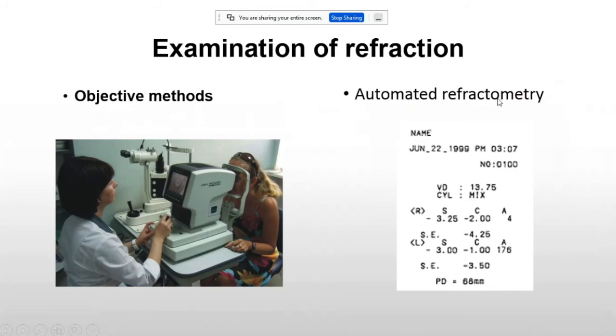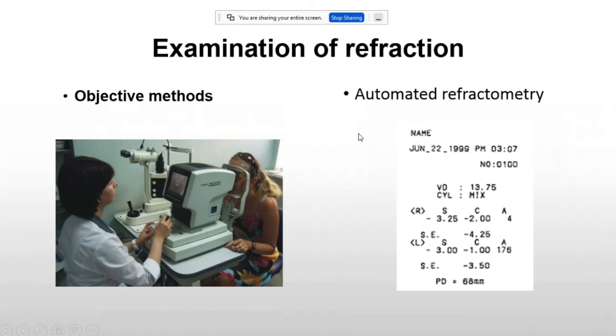We have automated refractometry that uses infrared rays and can give the result here, right and left eye. It gives minus 3 sphere, minus 2 cylinder, and the axis of the cylinder, and for the left eye minus 3, minus 1, and 0.76.